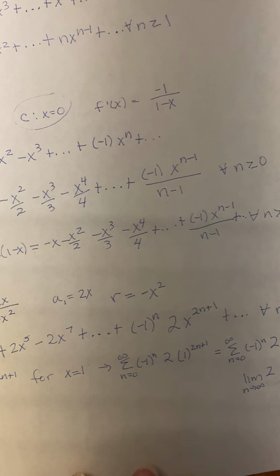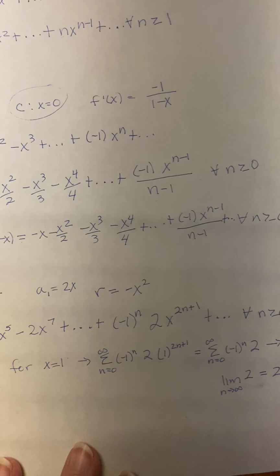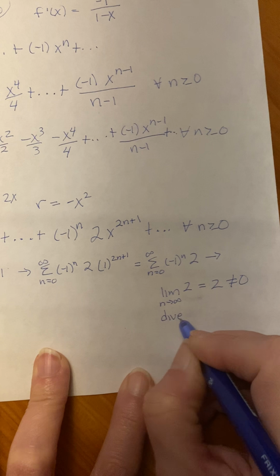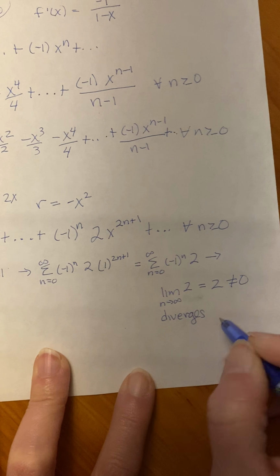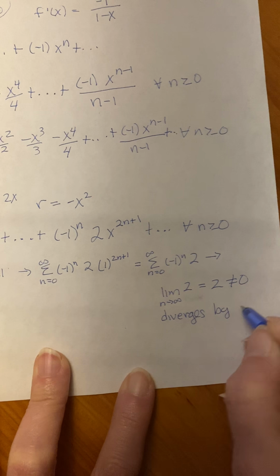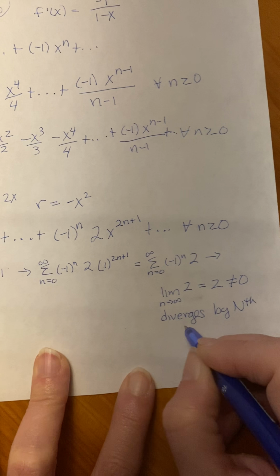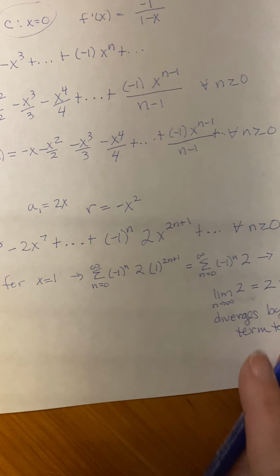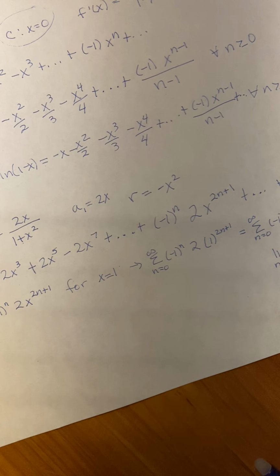We just did the alternating series test, but we're going to say, I have a little space here, we're going to say this diverges by nth term test. So now, that is one way for us to determine convergence, divergence.